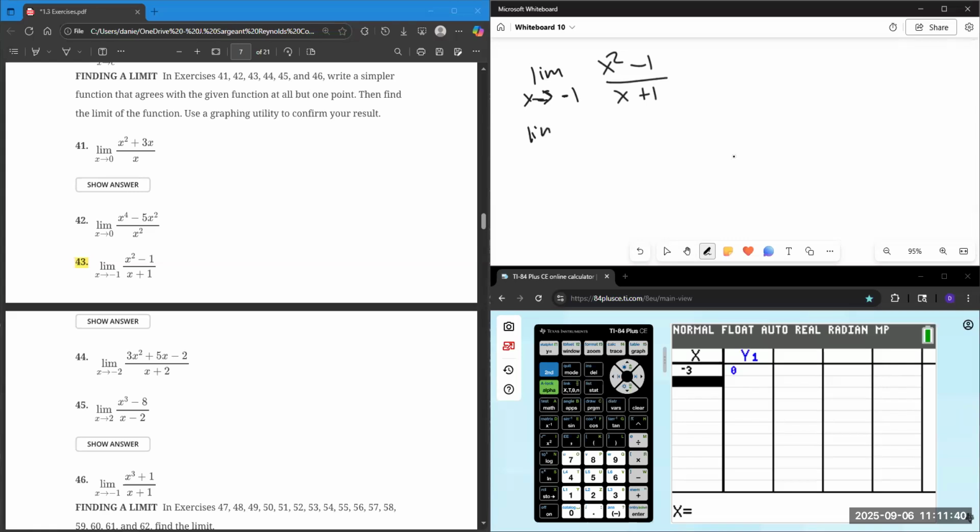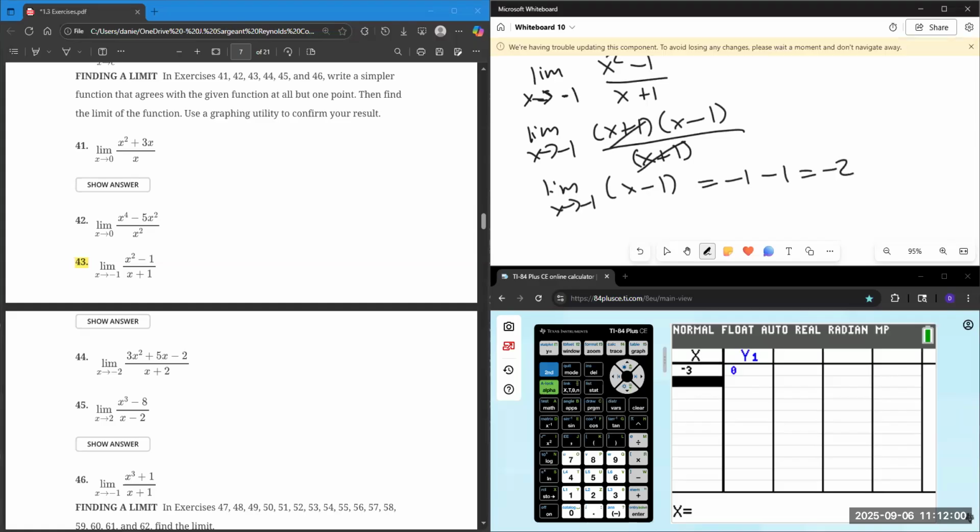Limit as x goes to -1, we're going to factor the numerator: x plus 1, x minus 1, over x plus 1. This is the factor that was giving me 0/0. It will agree with the limit as x approaches -1 of the remaining part, x minus 1. So that will be -1 minus 1, which is -2.